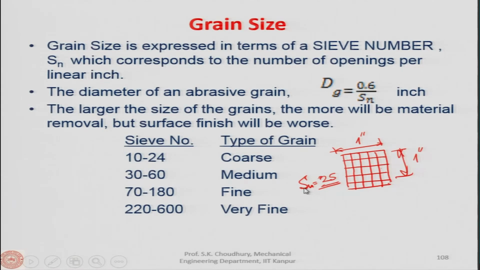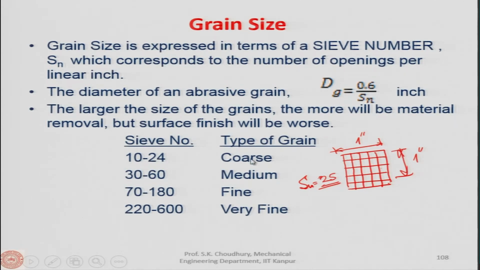Now, Sn is given in different grades. For example, if the sieve number is 10 to 24, those grains are supposed to be the coarse grains, because the diameter will be bigger. Then 30 to 60 sieve number will be called the medium type of grain.